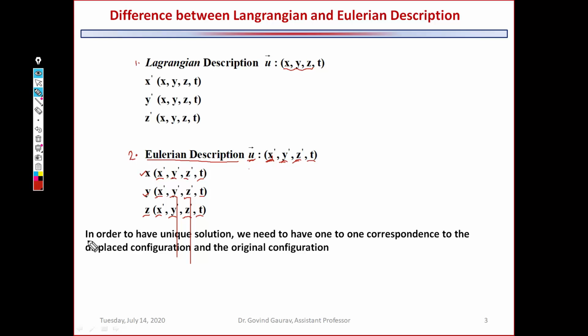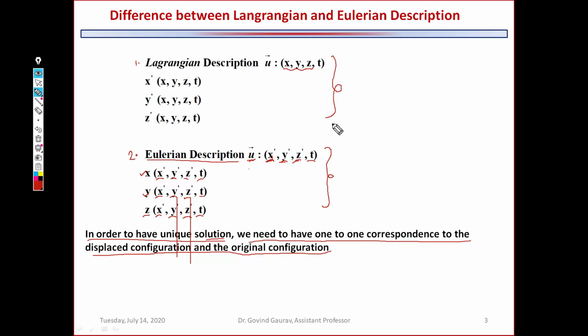So the Lagrangian description will give us one set of solutions, and the Eulerian descriptions will give us the next set of solutions. Now these solutions have to be unique. In order to have a unique solution, we need to have a one-to-one correspondence between the displaced configuration and the original configuration.